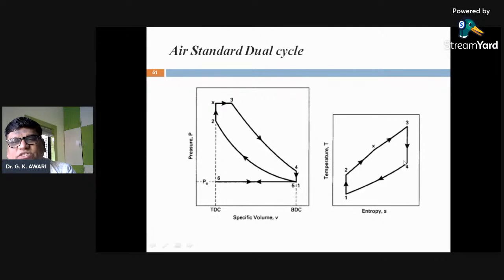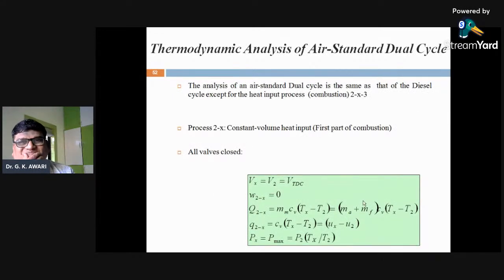Then 3 to 4 is the adiabatic expansion, wherein again the entropy remains constant, and 4 to 1 is the exhaust stroke, where the combustible gases are removed from the cylinder of the engine through the exhaust pipe. Then it is exhausted, it is circulated to the atmosphere.